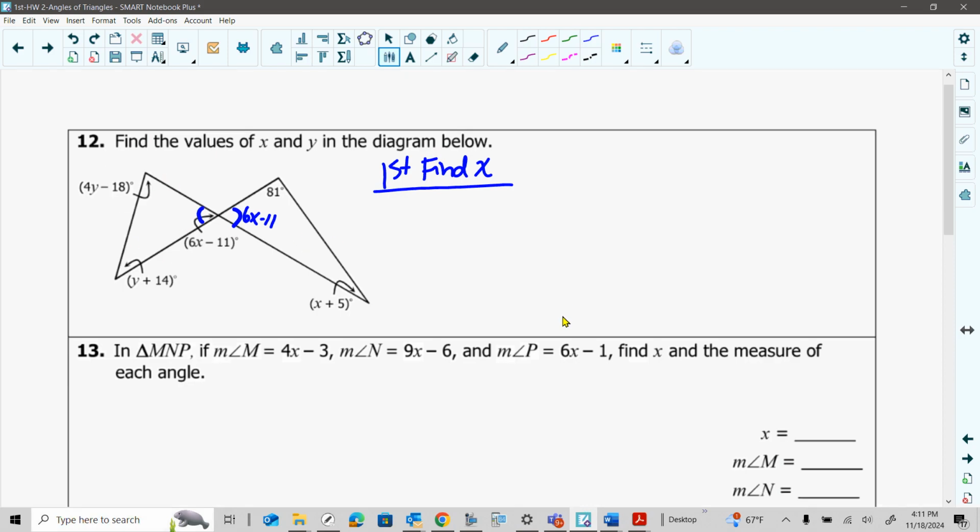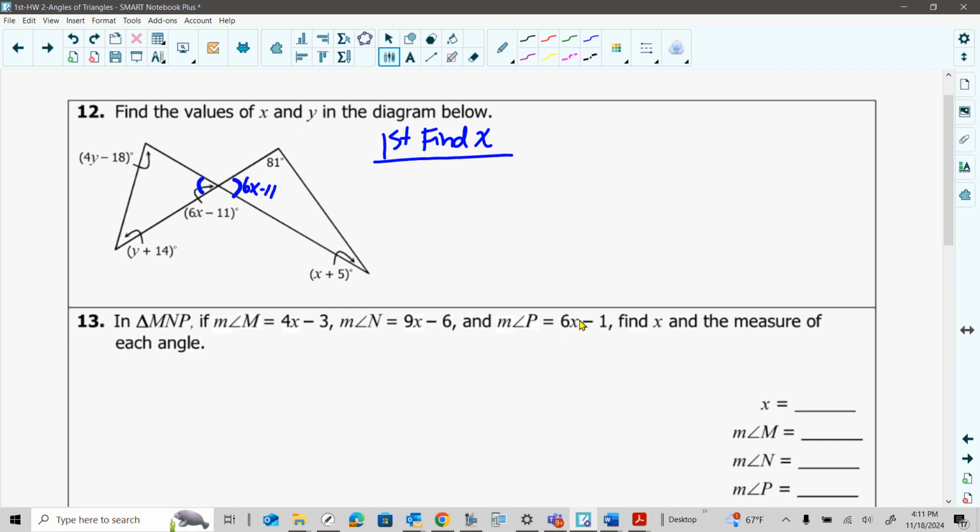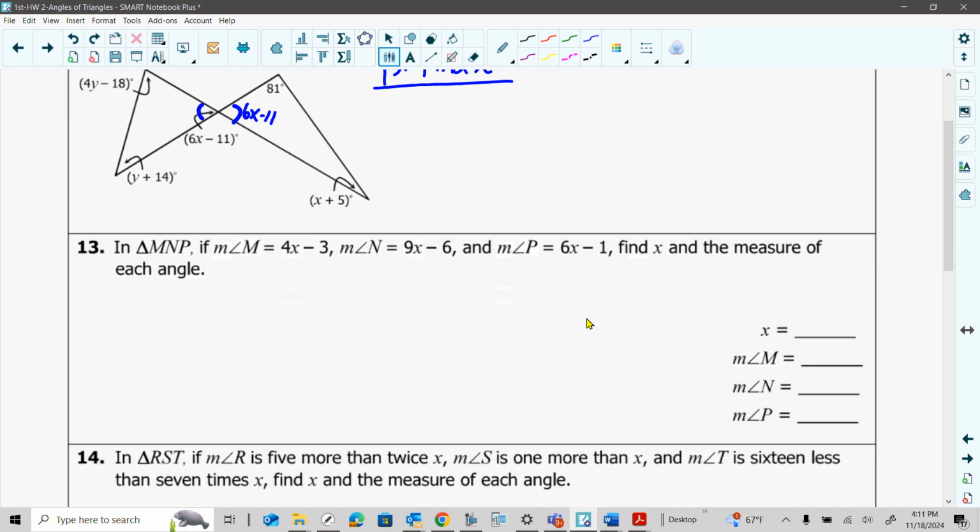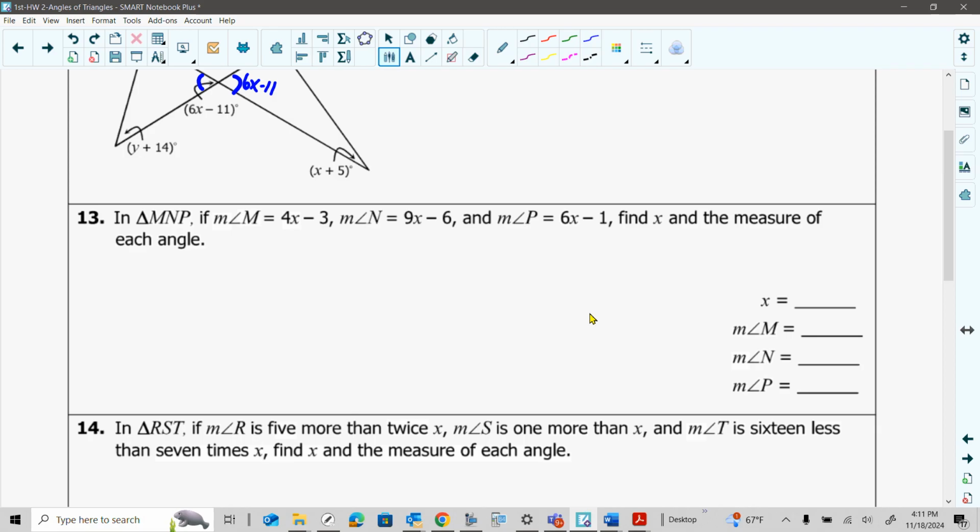Now what I want to talk about is the remaining, especially 14, 15, and 16. On 14, they're just telling you the name of the triangle, M and P. They're telling you the expression for each angle. Find x and then plug it in.